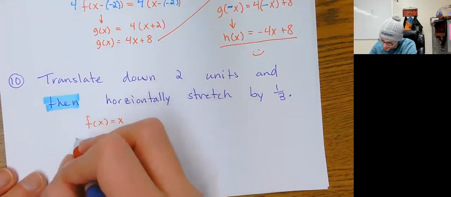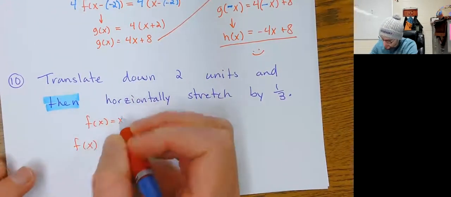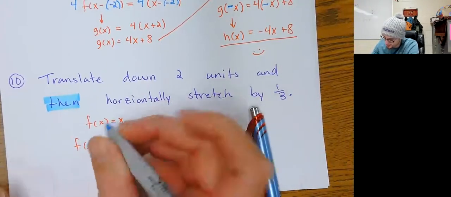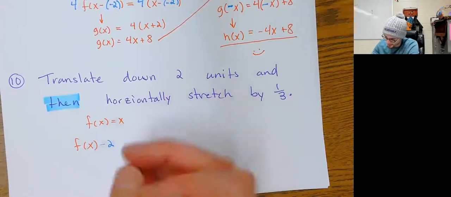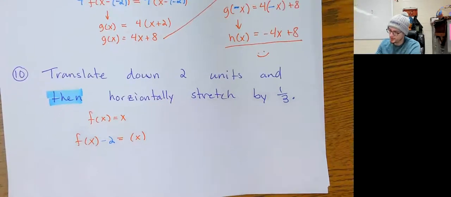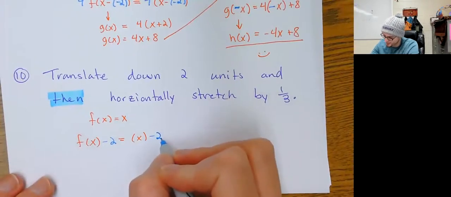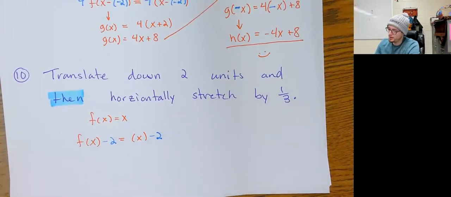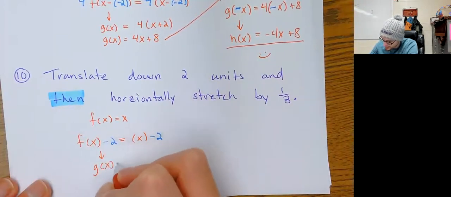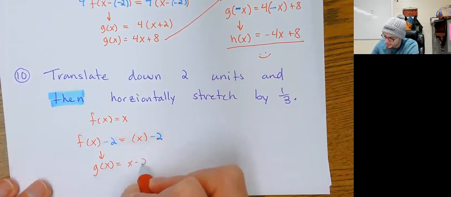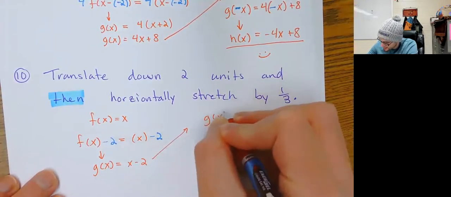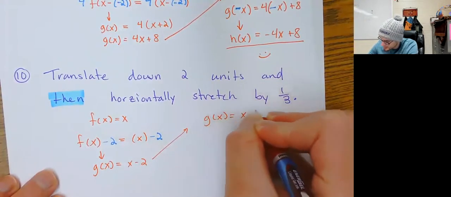So translate down 2 units means to subtract off 2 to the outside, to the whole function. So put parentheses around the whole function, subtract off 2. We now are going to have g of x equals x minus 2.